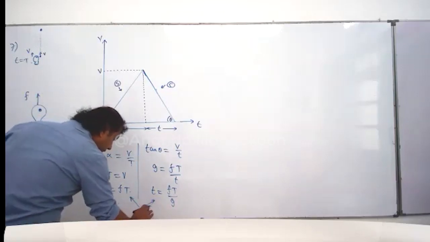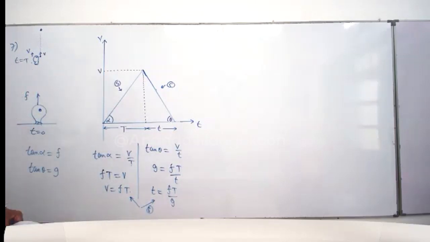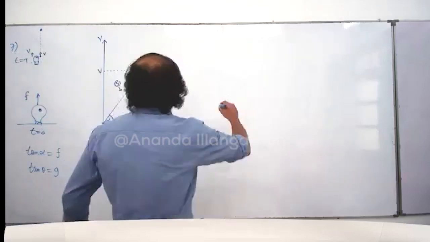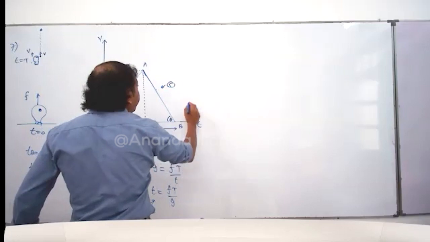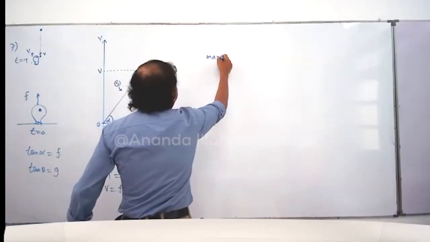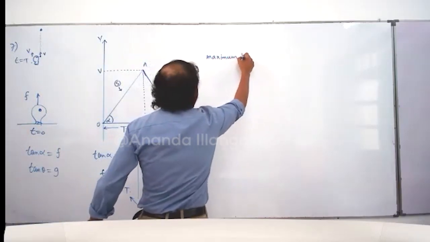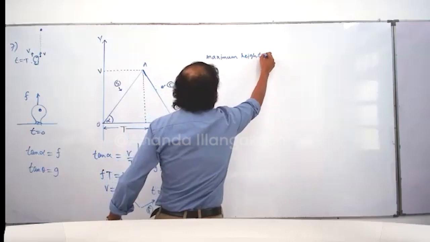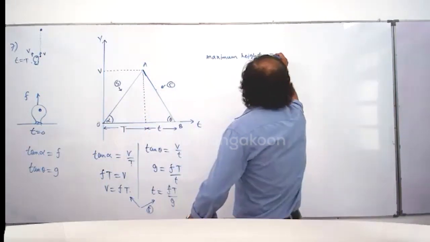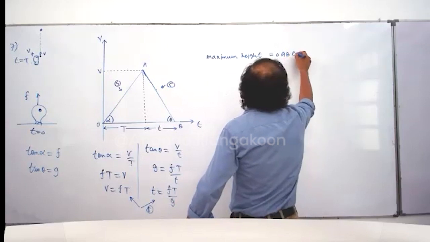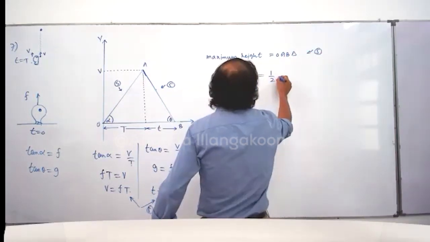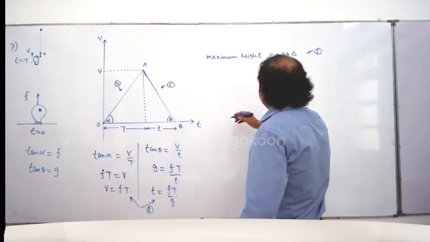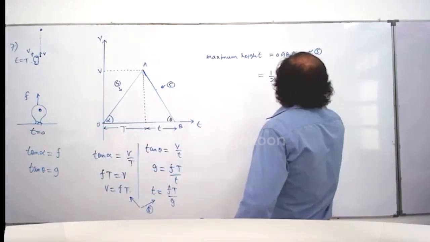Then 15 marks come in. Now we need to find the maximum height. I'll take this as OAB. The maximum height is given by the OAB area. For this, 5 marks are given. Now the OAB area you can write as half base times perpendicular height.